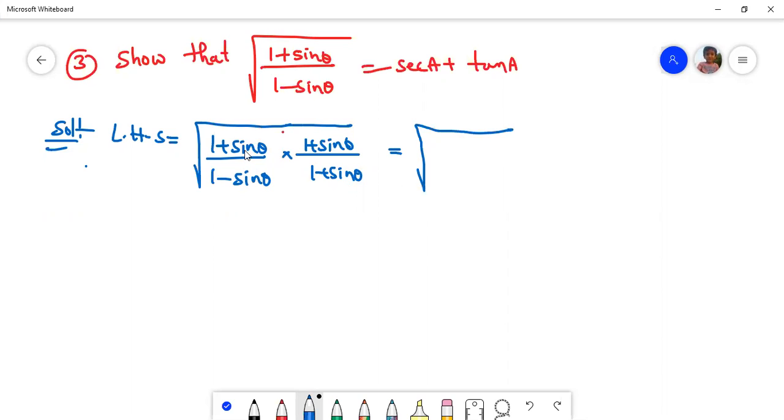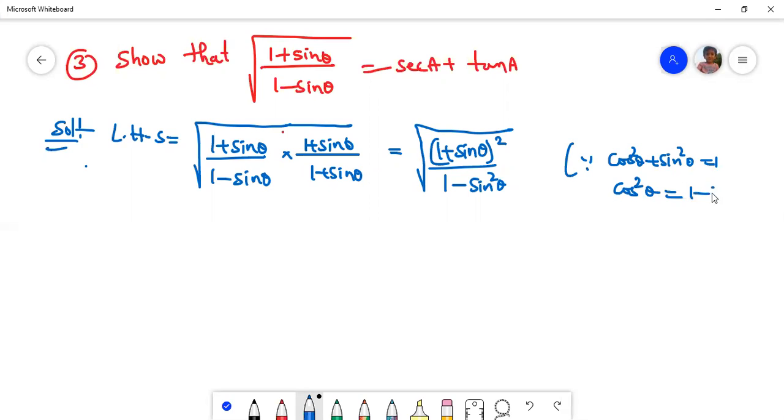This is square root of (1 plus sin theta) whole square by (a minus b) into (a plus b), which is a square minus b square, that is 1 minus sin square theta. By using the identity cos square theta plus sin square theta equal to 1, taking sin square theta to the right side, cos square theta equals 1 minus sin square theta.